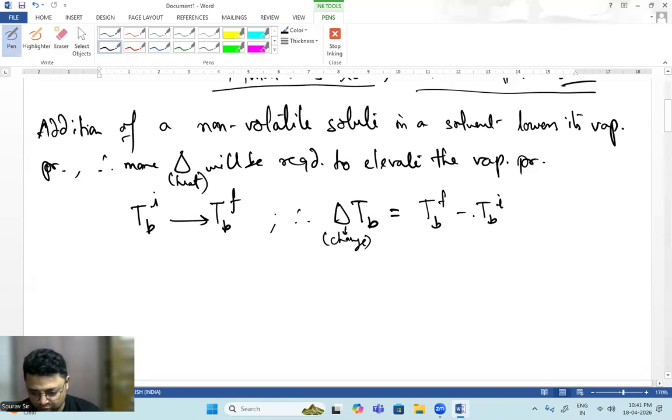This will be the change in boiling. TBF is the final boiling point after addition of the non-volatile solute, and TBI is the initial, meaning without the solute.